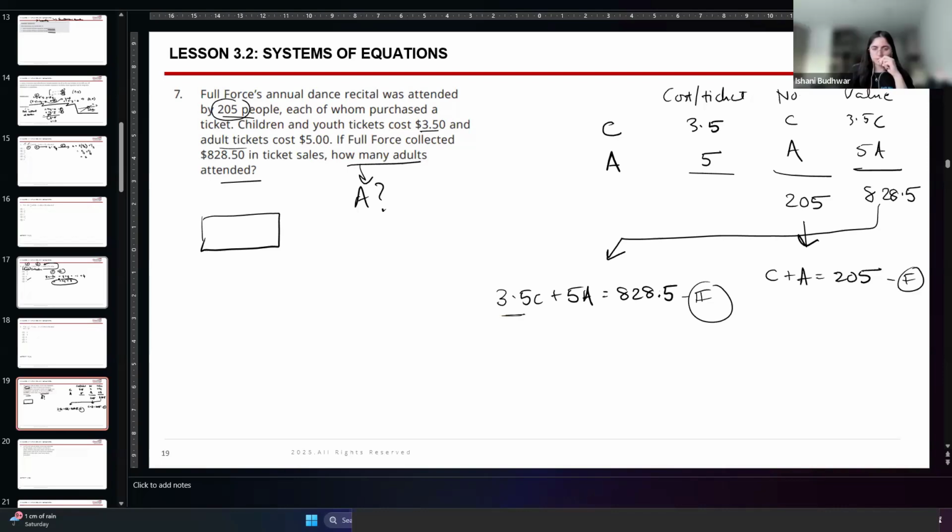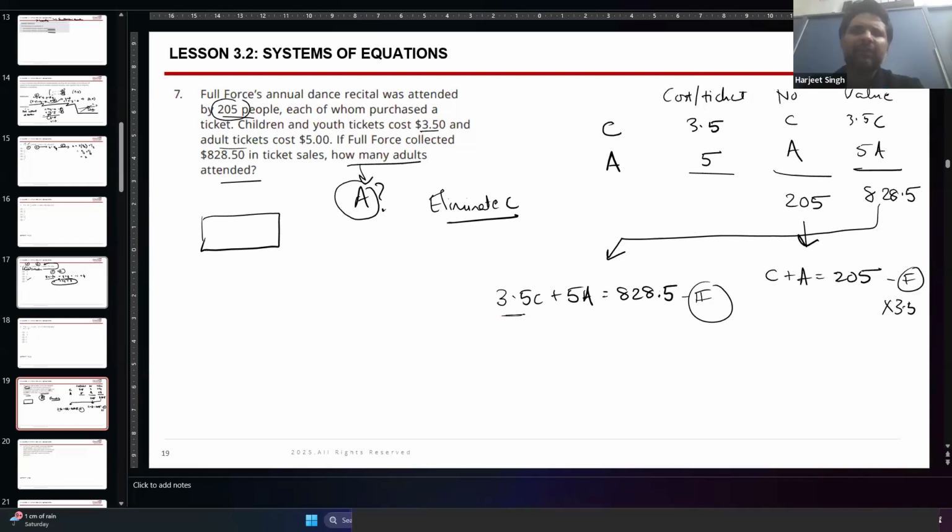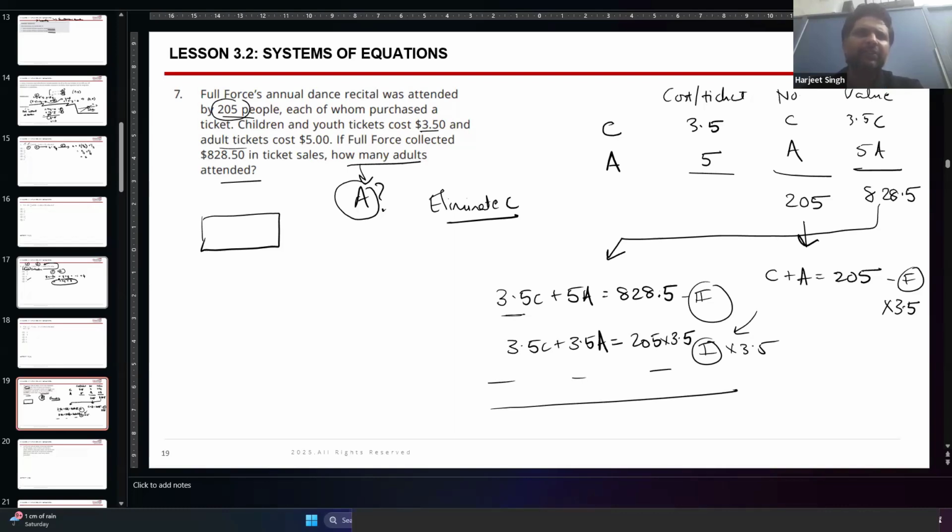To eliminate C, because we want A, I will eliminate C, which means the first equation I multiply by 3.5 and write it below here. So 1 into 3.5 is basically 3.5C plus 3.5A equal to 205 into 3.5. So when I subtract the two equations, I get 1.5A.